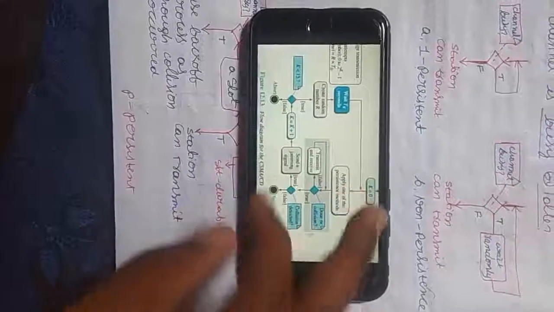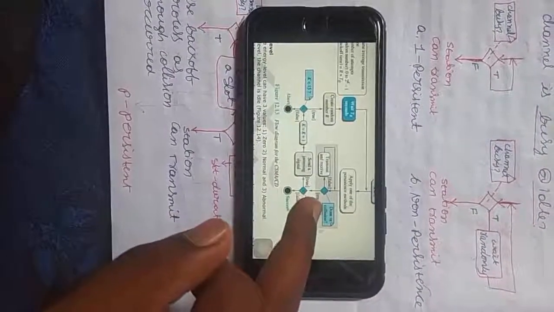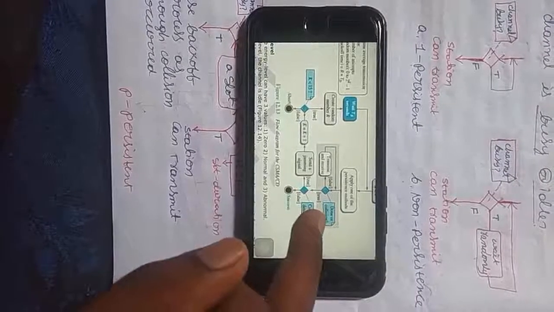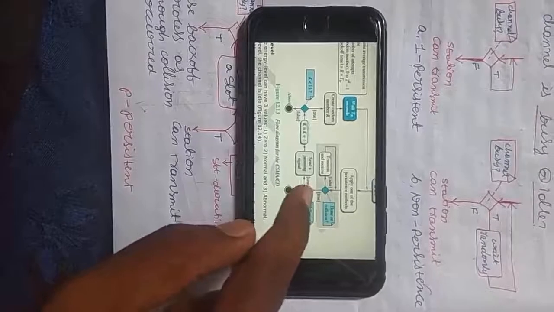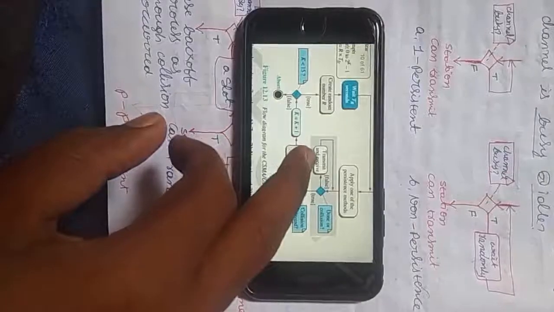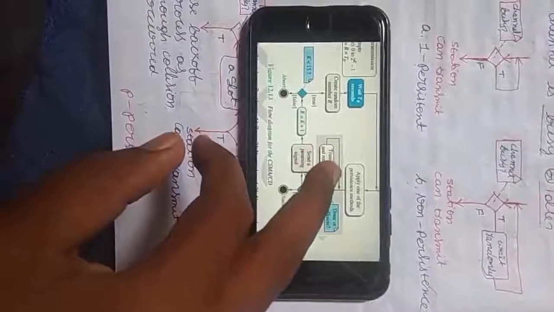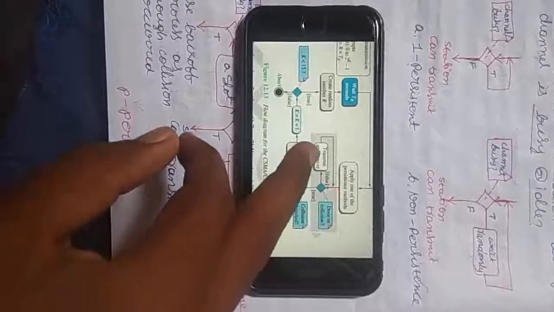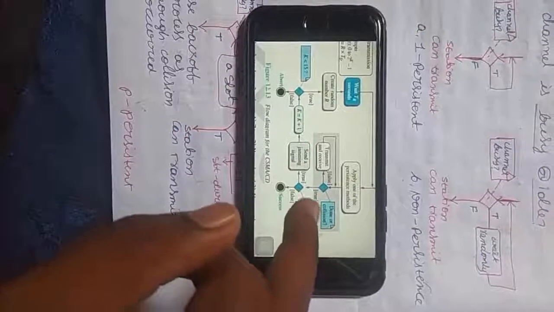After sending the data, we check whether it is done or there is a collision. If the transmission is successful, without collision, it is transmitted and received, and we get the acknowledgement. Suppose there is a collision.